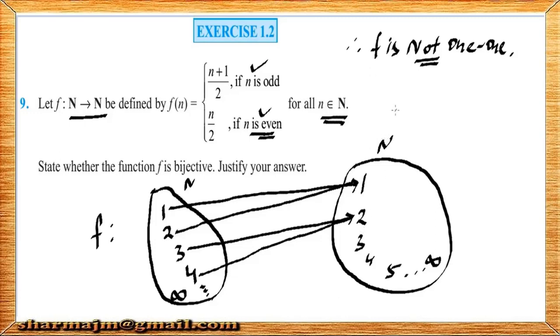So this function is onto. Also, the range set is the set of natural numbers which is equal to the codomain. Therefore, this function is onto. So this function is not 1-1 but onto. Therefore, it is not bijective.